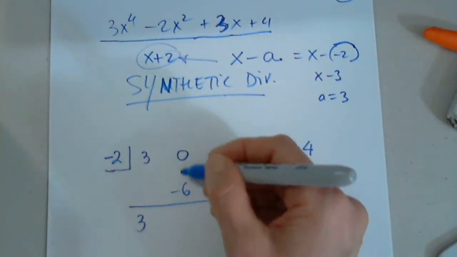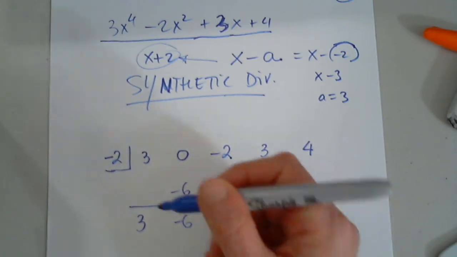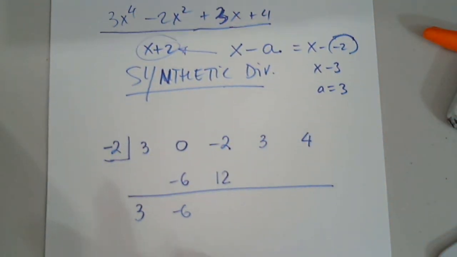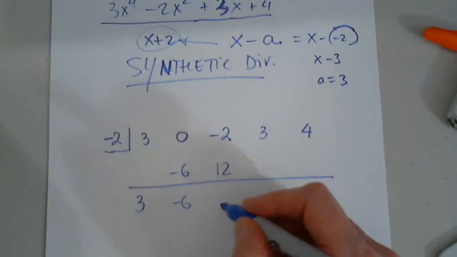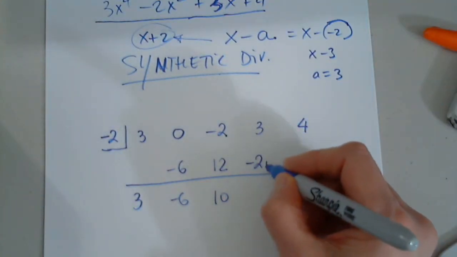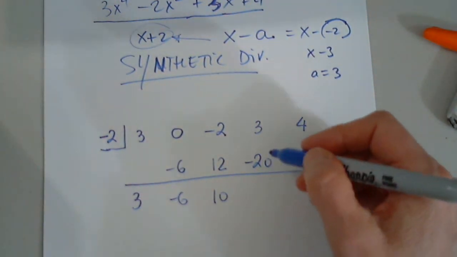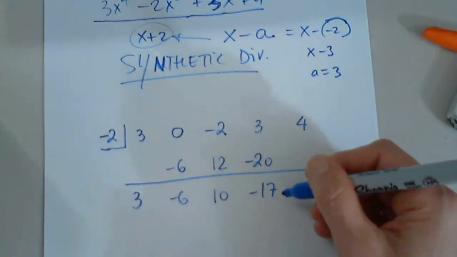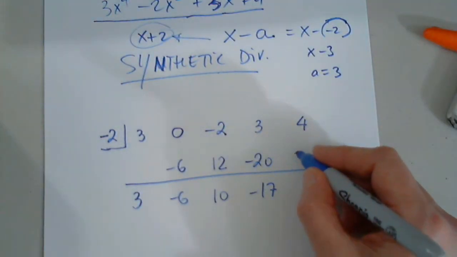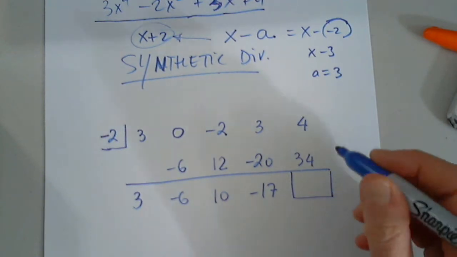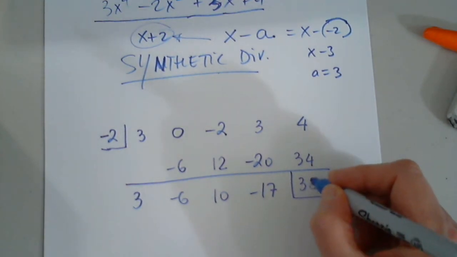We perform the addition, -6. -2 times -6, and we write above the line +12. We perform the addition, 10. -2 times 10 is -20, we write the number above. -20 plus 3 is -17. -2 again times -17 is 34. And then we box in the remainder, which is 38.